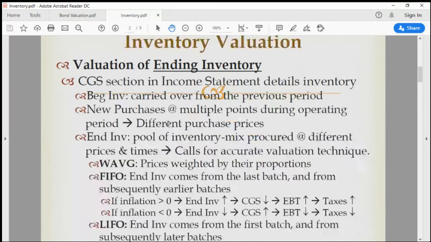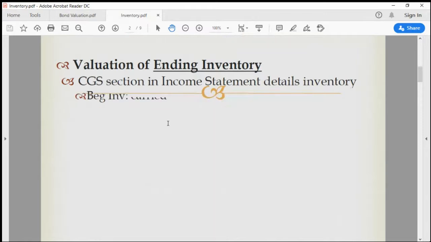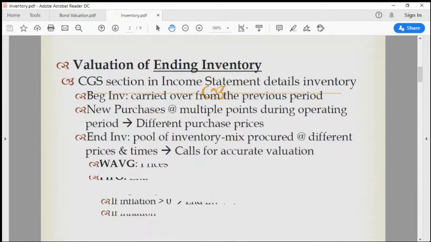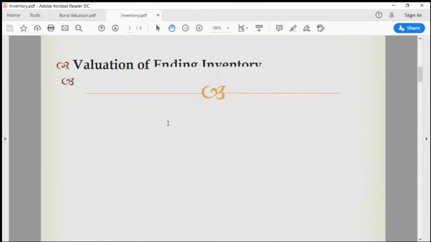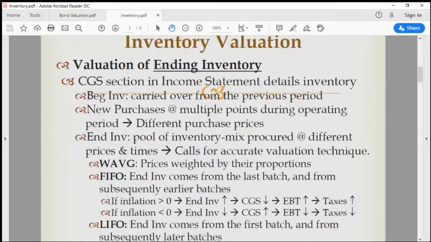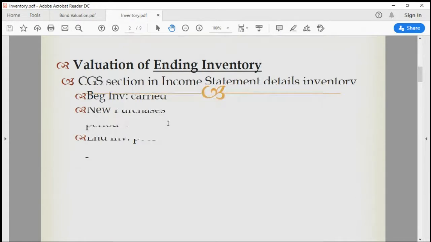Why? Because, of course, at the beginning there's beginning inventory, and then there is net purchase. When you have beginning inventory and net purchase, that's called the GAS, goods available for sale. That's what you have to sell for that month or that quarter. Now, what should happen next is the sale.